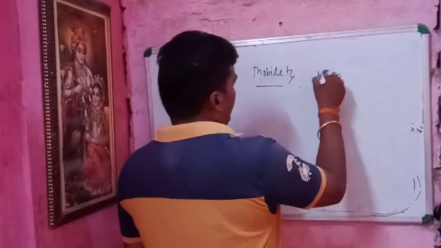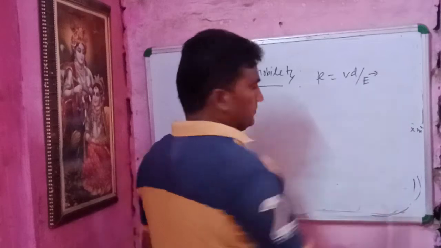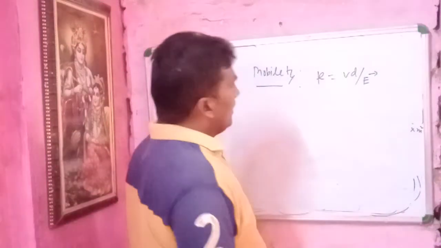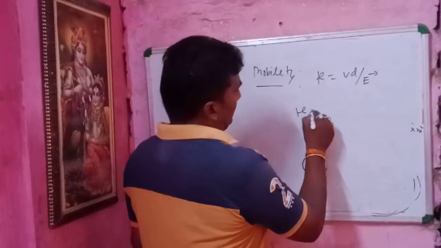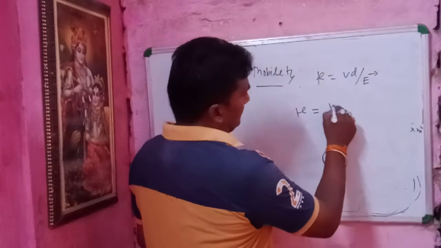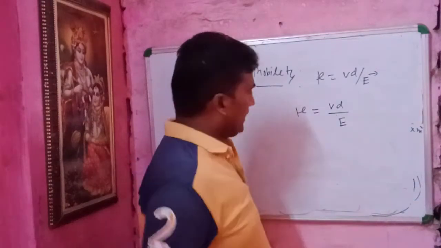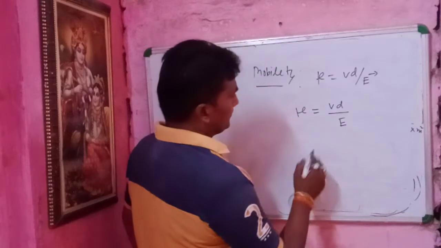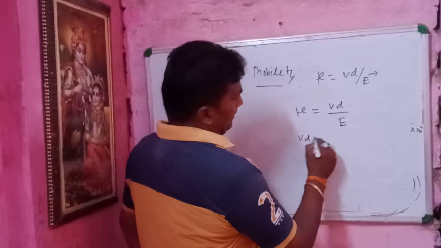Mu is equal to vd by electric field E. We stabilize the relation for mu in terms of current. We know that vd is the drift velocity and E is the electric field, so vd can be written in terms of mu E.